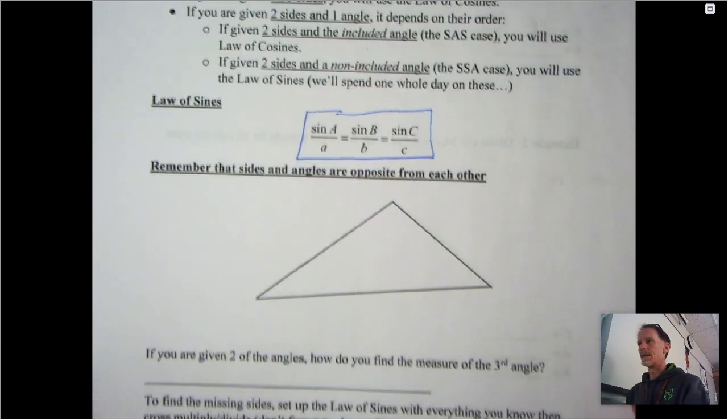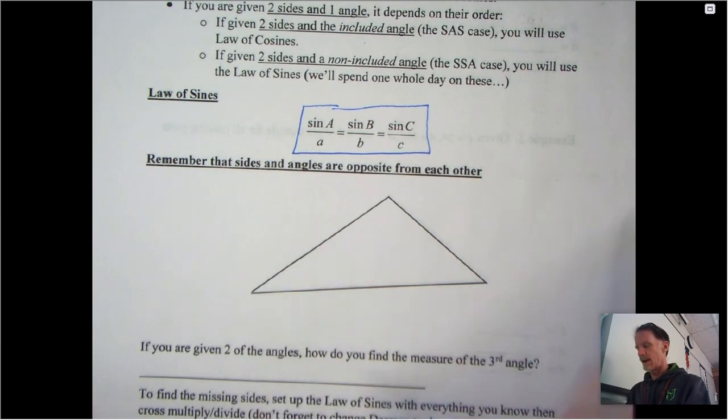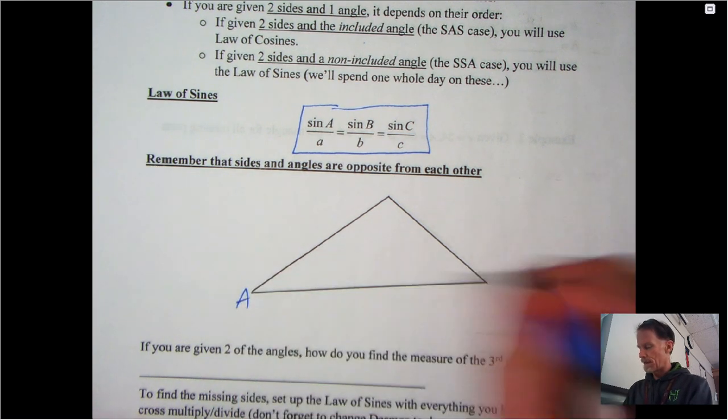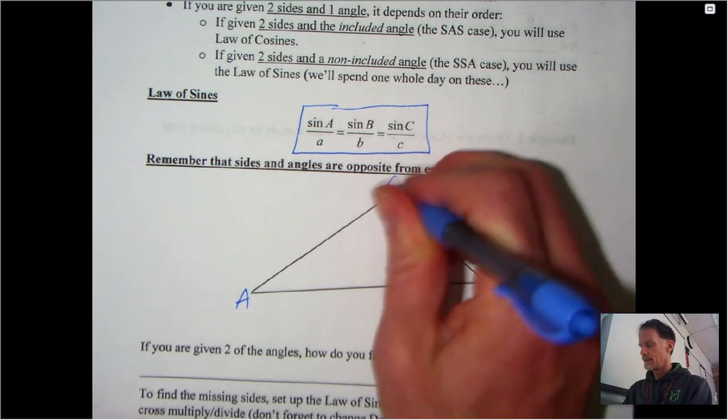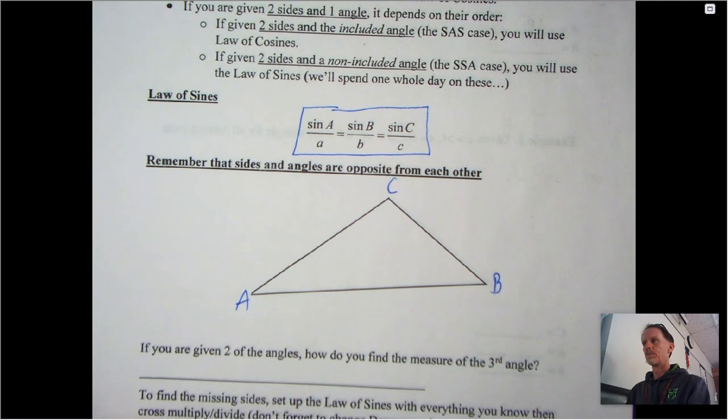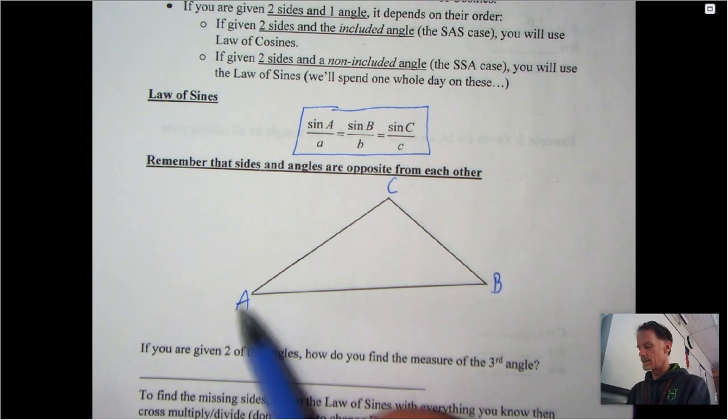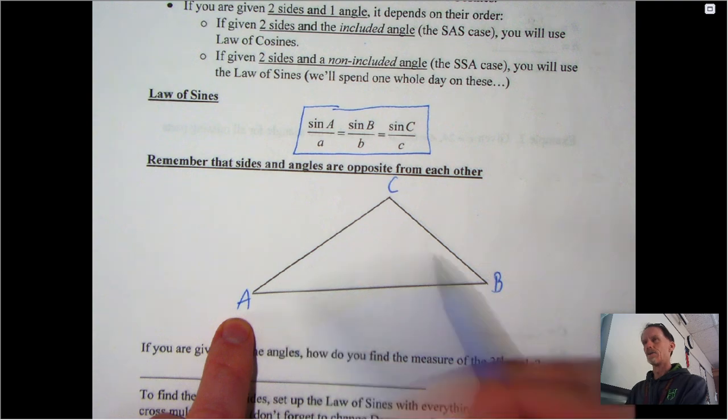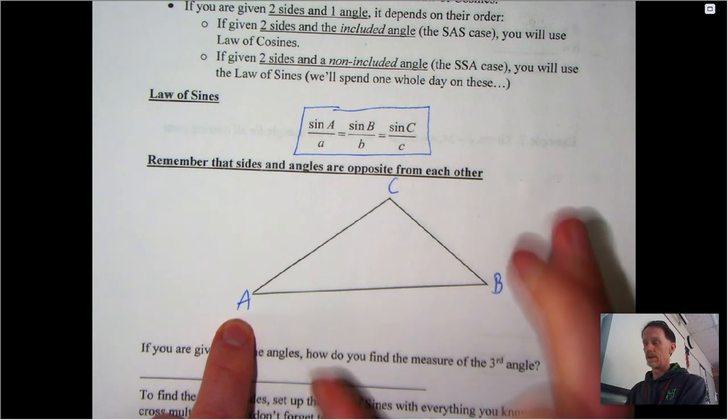The main thing when we set this up is, if you just draw a random triangle, and I don't care how the triangle looks, but if I put the A, B, and C in those places, for example, the main thing to remember is that the angle-side pair are always opposite from each other.